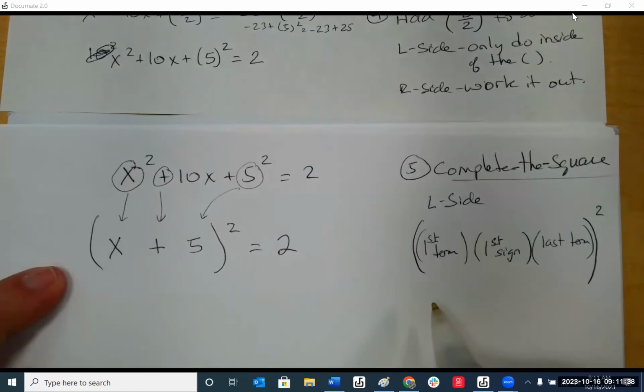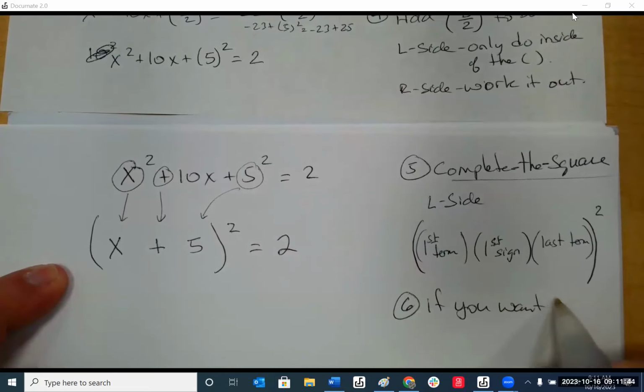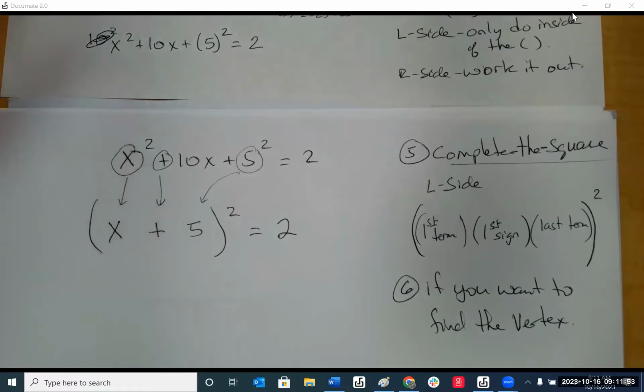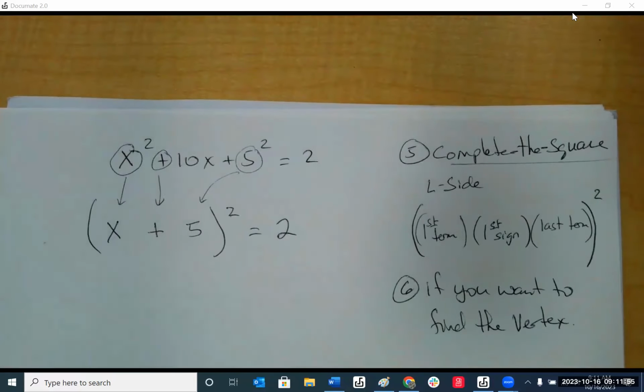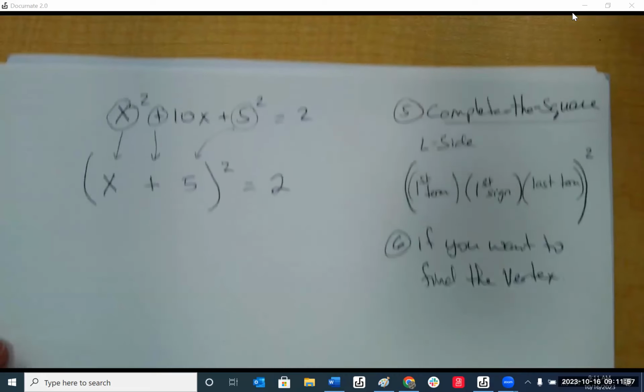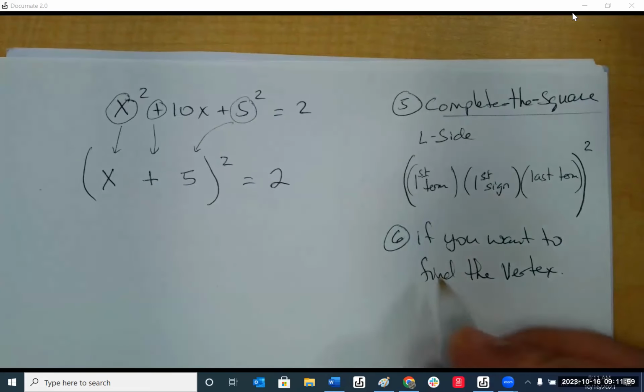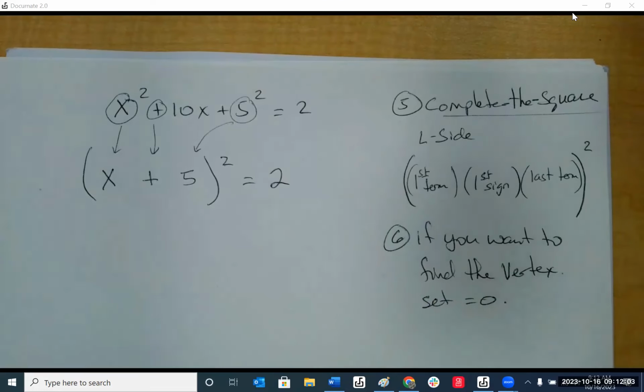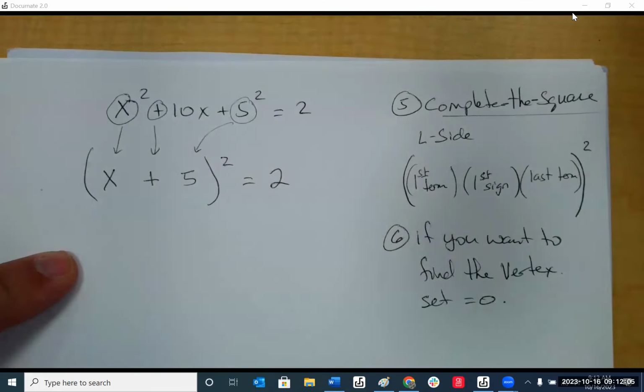Now, the beautiful thing about this part here, if you want to find the vertex from this step, set equal to 0. In other words, we have to move the 2 over.